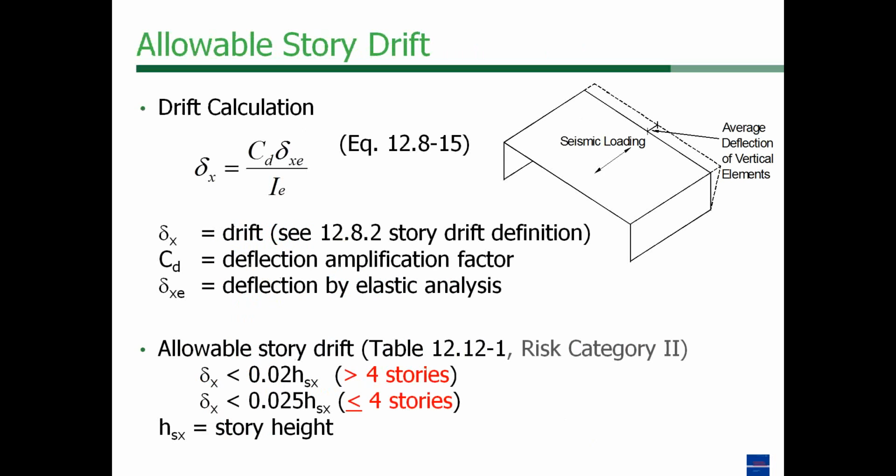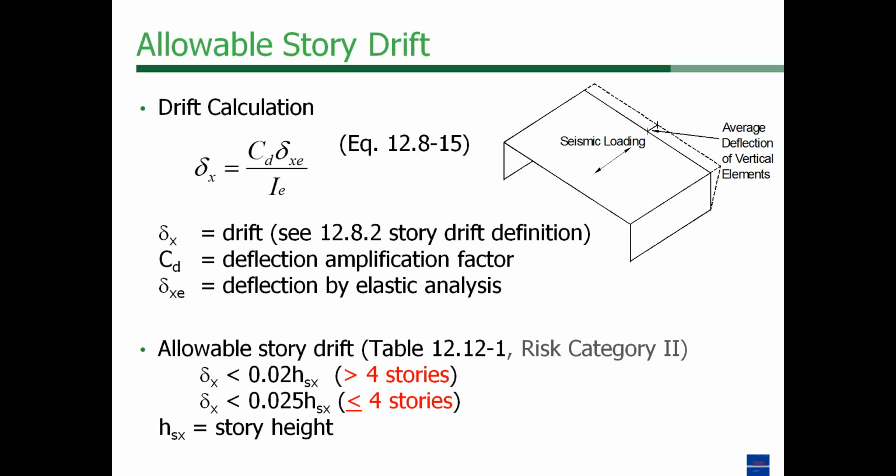So let's jump then to some of the allowable story drift provisions, and ASCE 7 does include drift provisions. The allowable story drift is becoming more and more important in design and emphasized more in ASCE 7. And this equation, 12.8-15, is applicable to wood as it is with other materials.